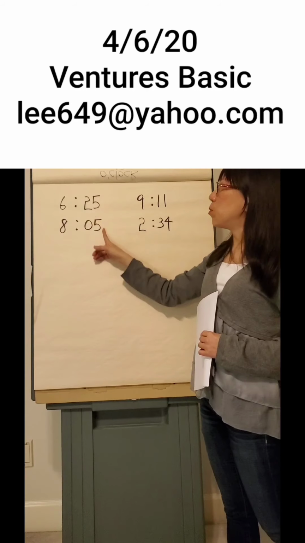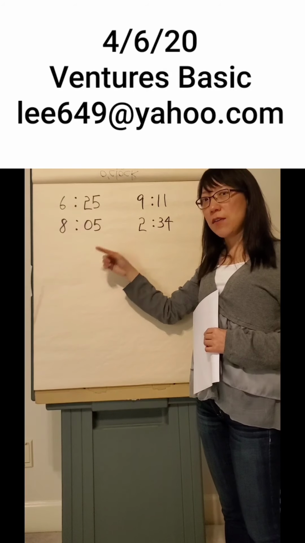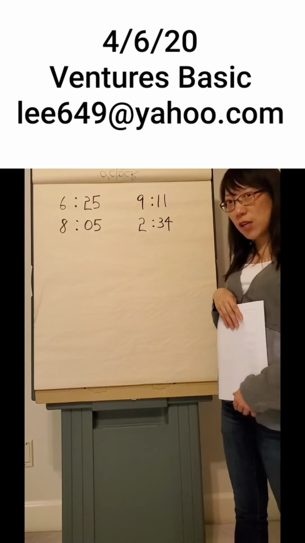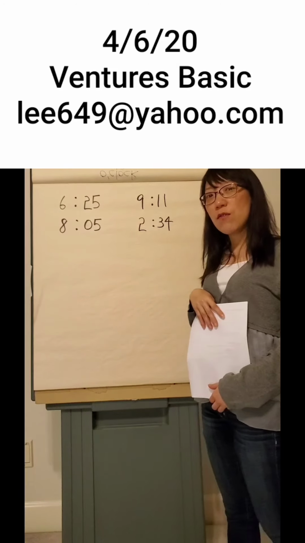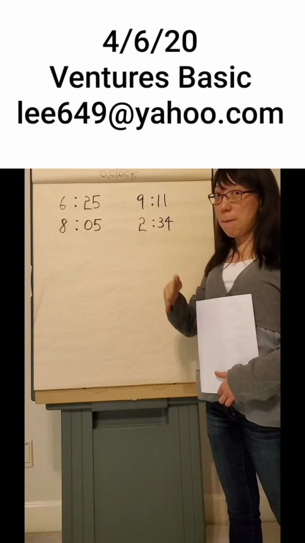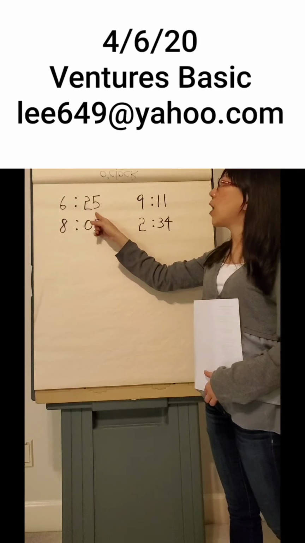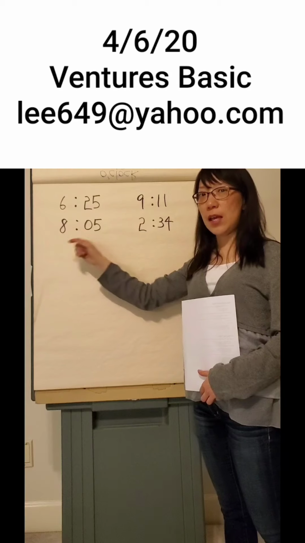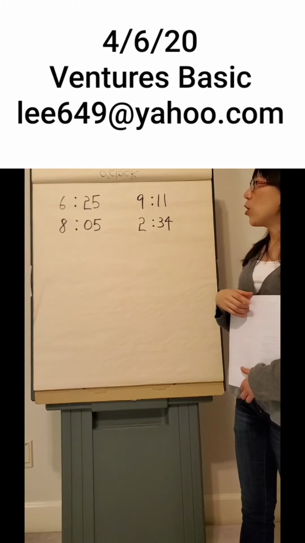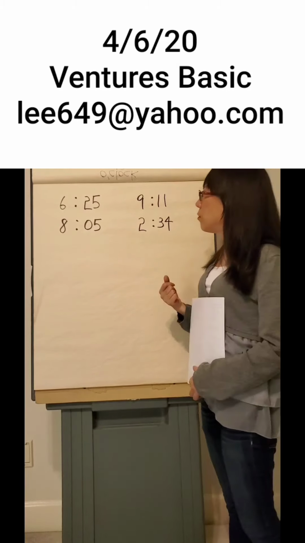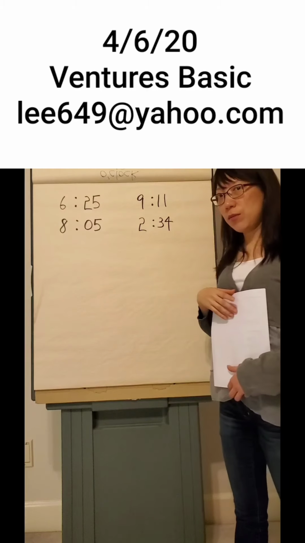But when it's a multiple of 5, like 5, 10, 15, 20, 25, 30, 35, 40, 45, 50, you can omit minutes and you just say it's 25 after 6, or 5 after 8. So when you use past and after, you say the minute first and then the hour.